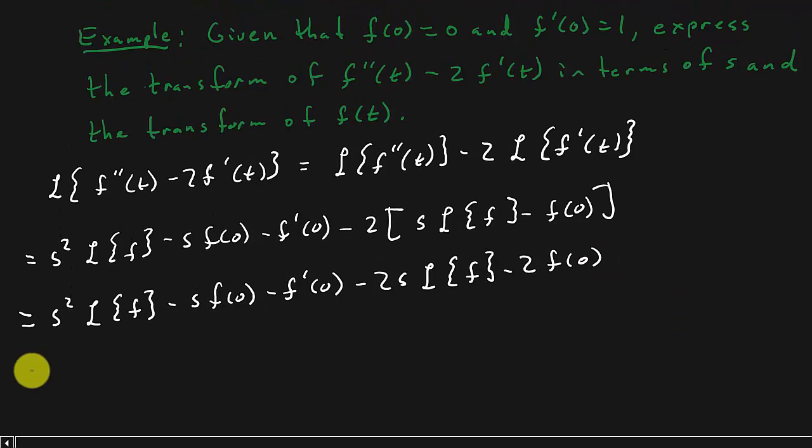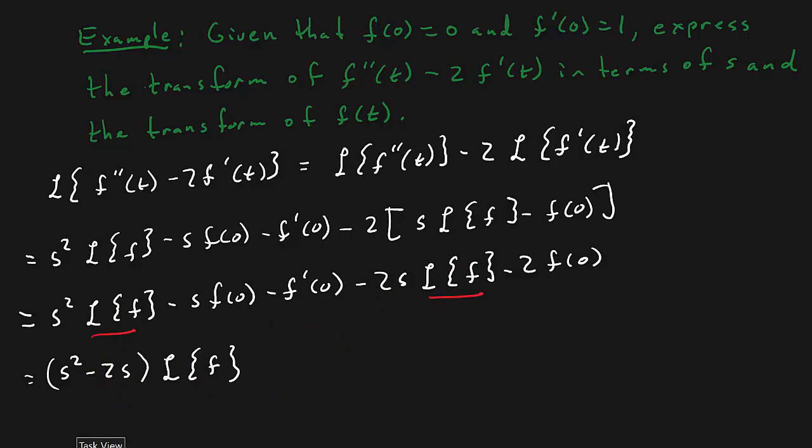All right, so what I'm going to do here, this is going to be s squared minus 2s times the Laplace transform of f. So you see how I have the common factor here, Laplace transform f. So all I'm doing is this s squared minus 2s. I'm factoring that out, and I'm left with that.